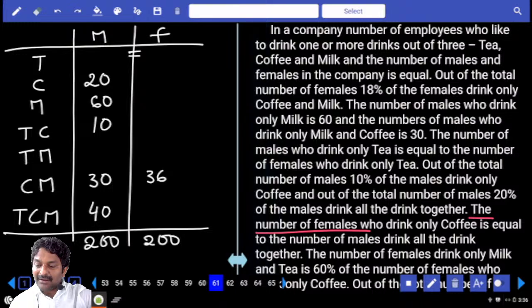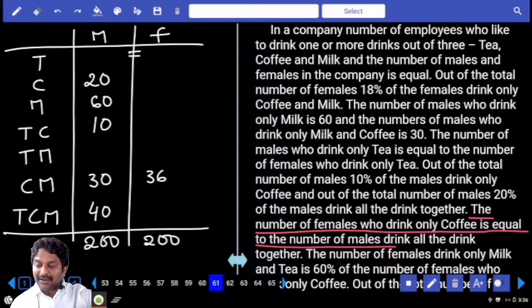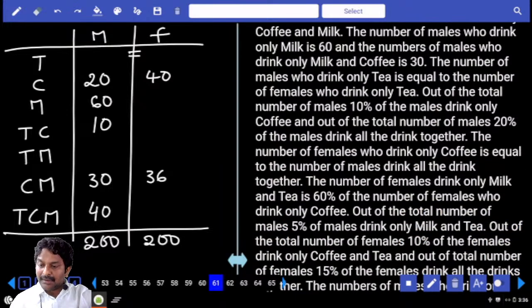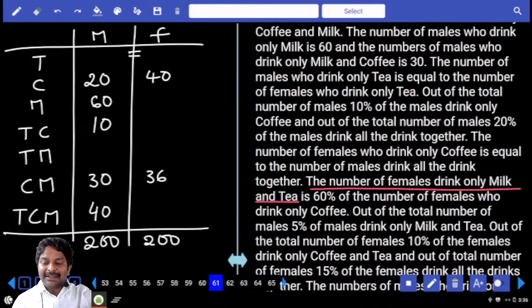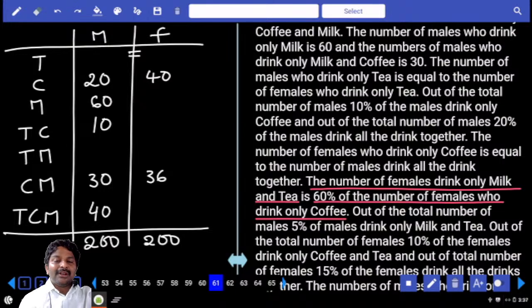The number of female who drink only coffee is equal to number of male who drink all the drinks together. How much is that? 40. Next. Number of female who drink only milk and tea is 60% of female who drink only coffee.